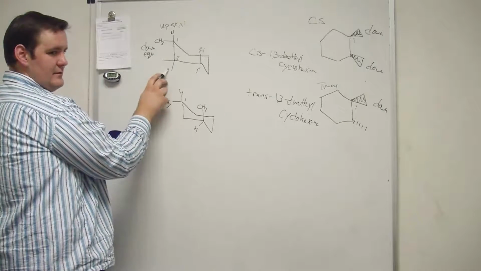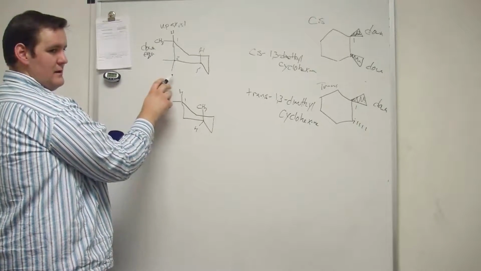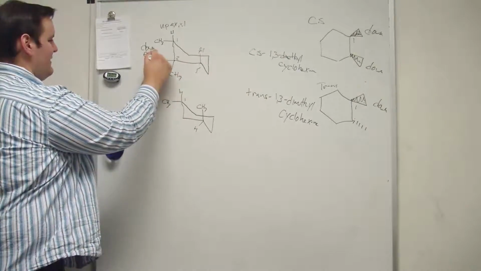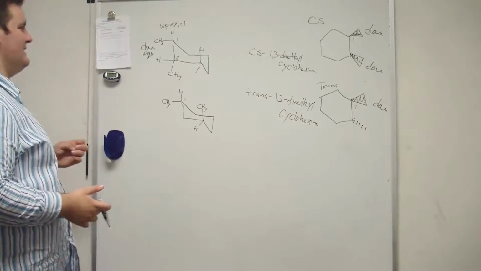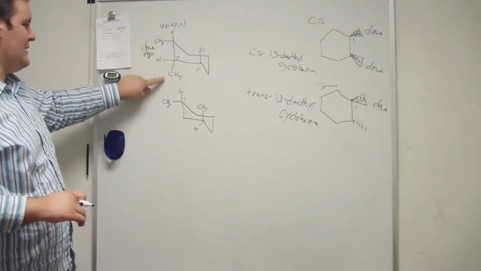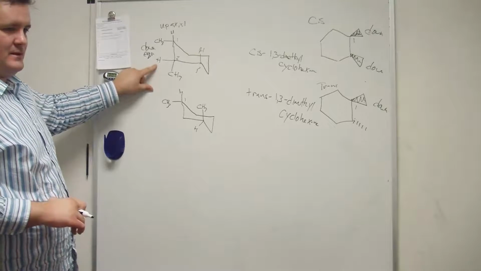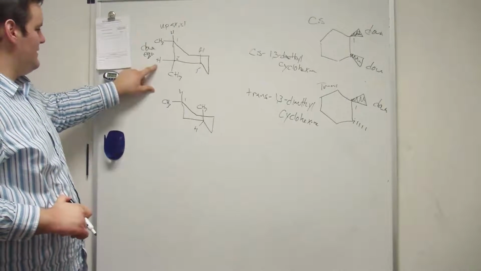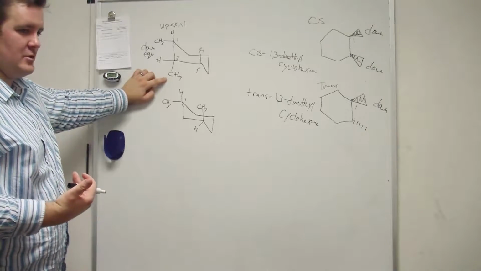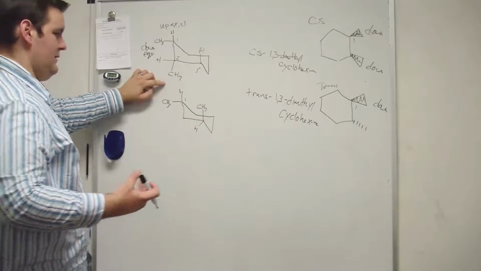Equatorial or axial? It would actually be axial, because it's really kind of simple, just the fact that this hydrogen is above the methyl, so it's in the up position. So this one here, the methyl's in the axial position when it's down.